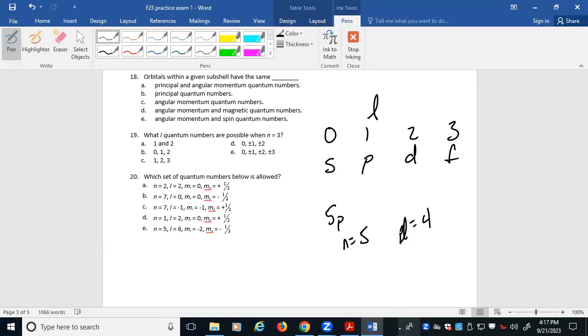The limit of L is n-1. The highest it can be is n-1. So in this case, 4 is the maximum for that 5th energy level. But the designation, P, tells us that our value of L is equal to 1.